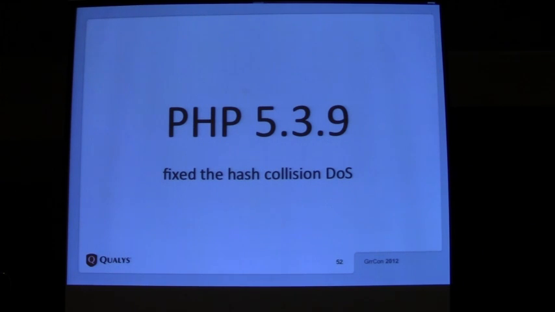When you do a POST request, these variables are stored on the web server in the form of a hash table. So the idea is to send lots and lots of POST variables, hoping that these variables will cause hash collisions on the web server and try to bring it down. It was a very popular vulnerability and affected all the web servers.